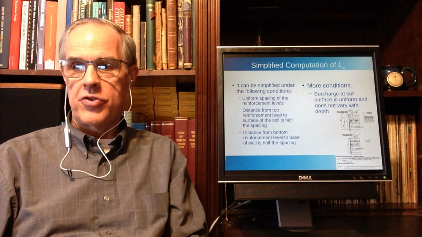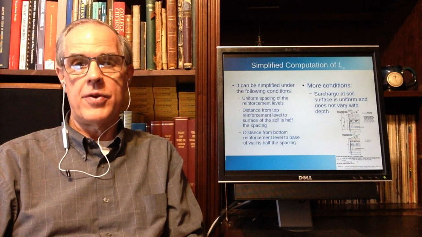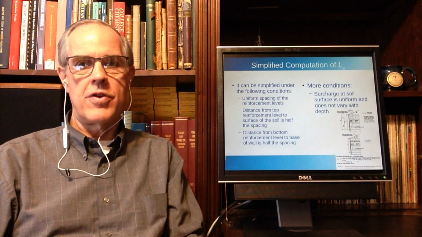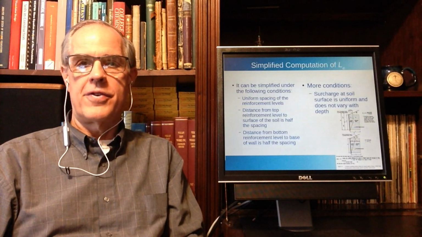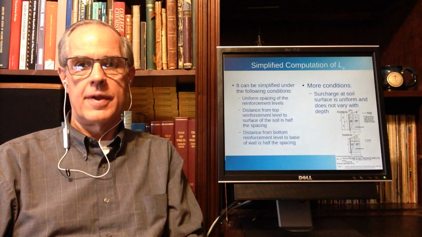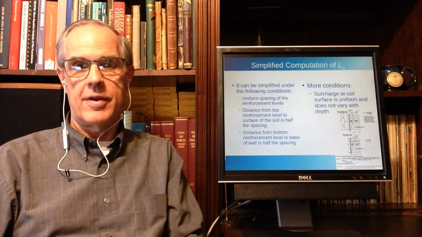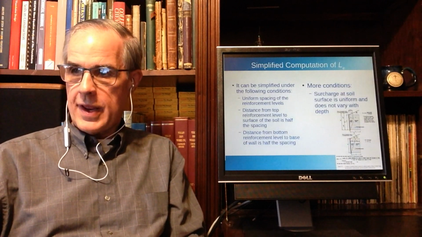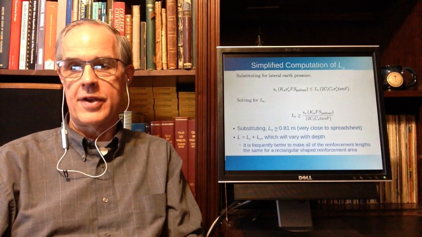The surcharge at the soil surface is uniform, and therefore it does not vary with depth. If you have a situation like a line load where the effect varies, then you're faced with computing the effect of the line load for every different geogrid level and coming up with an LE based on that. Otherwise, you substitute for the lateral earth pressure on the left-hand side, and you get this.